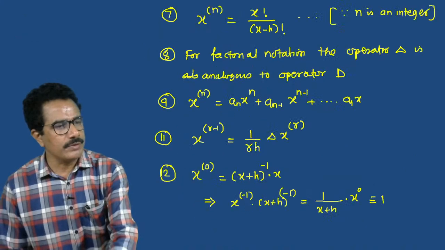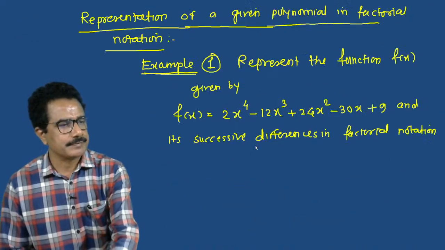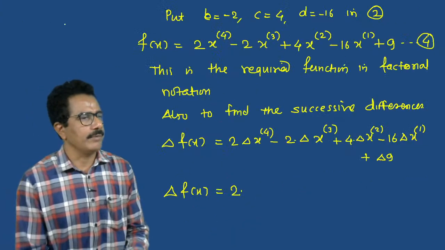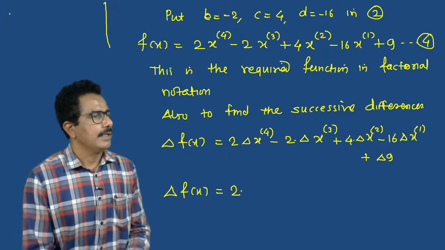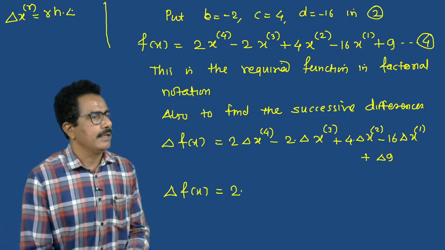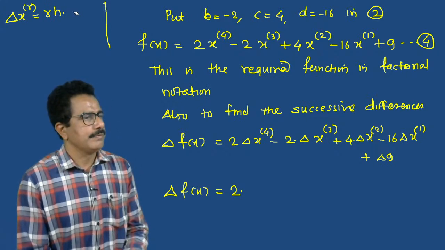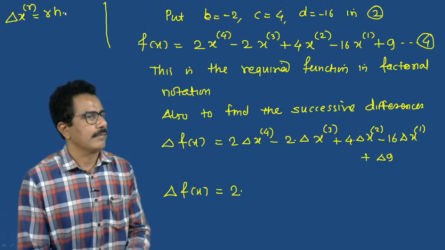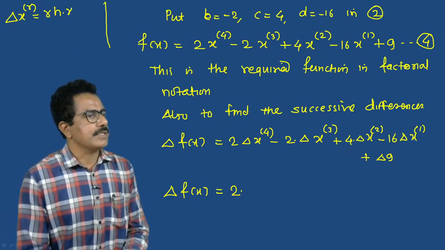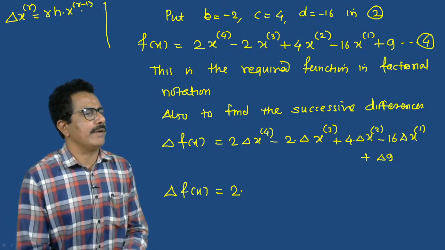So we have to use that formula here. Delta x raised to r factorial means r into h into x raised to r minus 1 factorial.